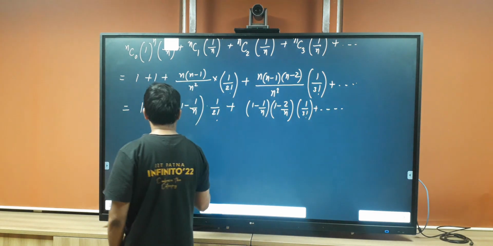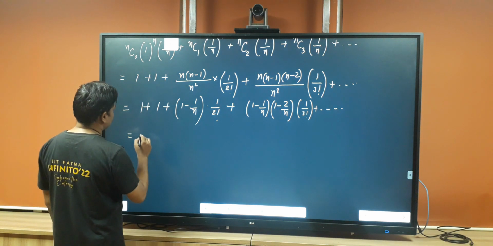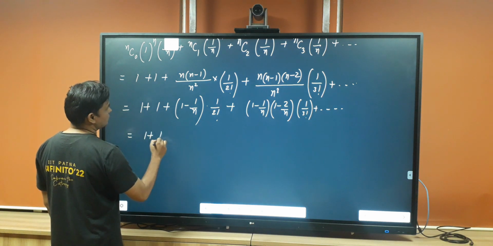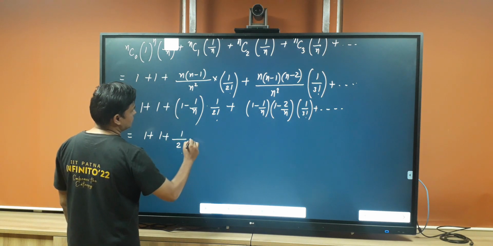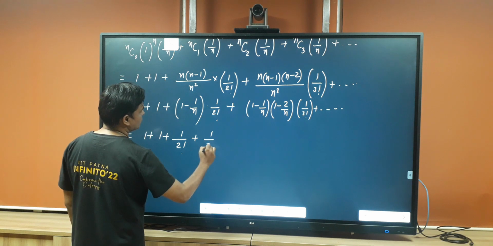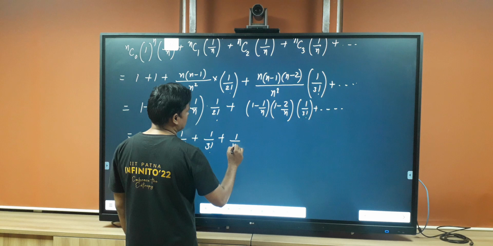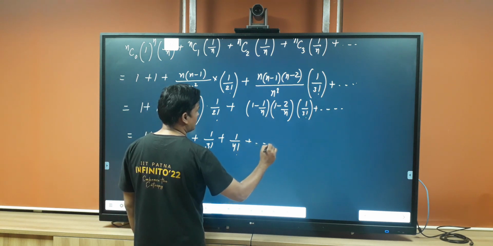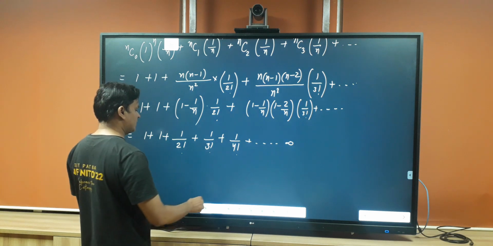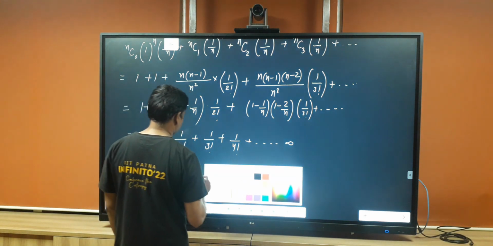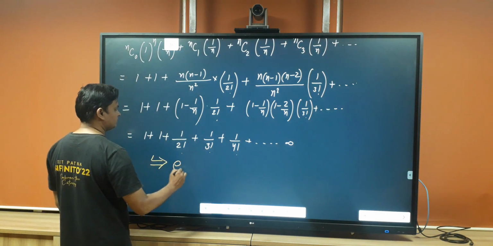Now, if you put limit n tends to infinity, then 1 upon n will be 0. So, you will get 1 plus 1 upon 2 factorial plus 1 upon 3 factorial plus 1 upon 4 factorial till infinity. This series we refer to as E.